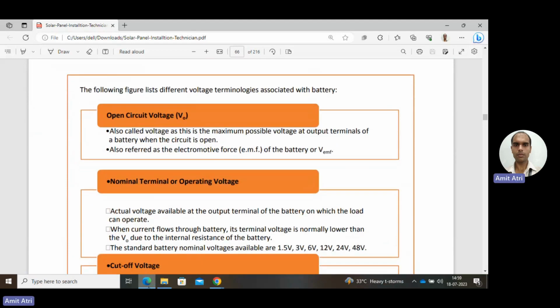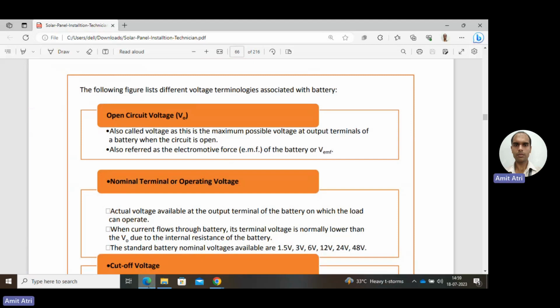So, the different voltages used in the battery. Open circuit voltage: open circuit, no load is connected. Whatever is the voltage between the terminals of the battery, that is known as open circuit voltage. Now operating voltage. In the first case, that was open circuit voltage when no load was connected. In the case of operating voltage, we connect the load, then we measure the voltage.